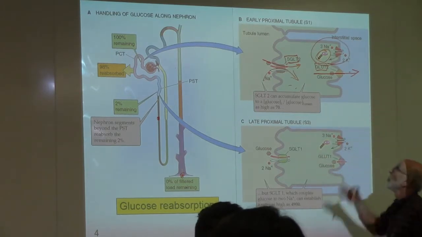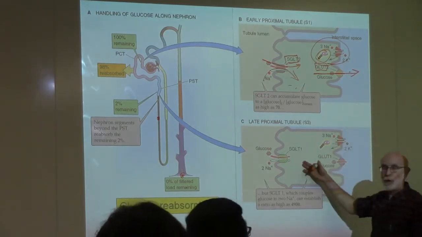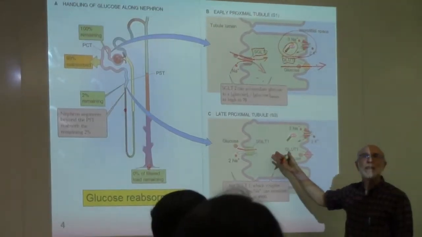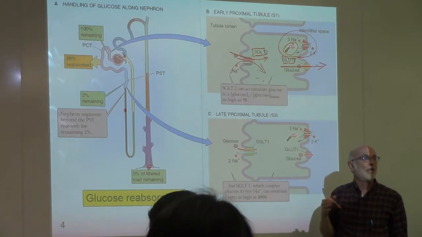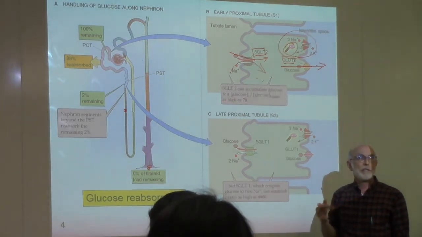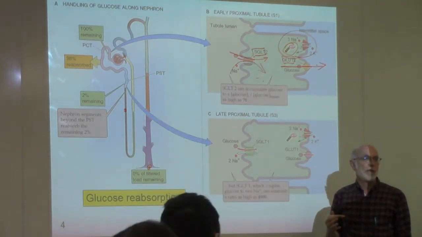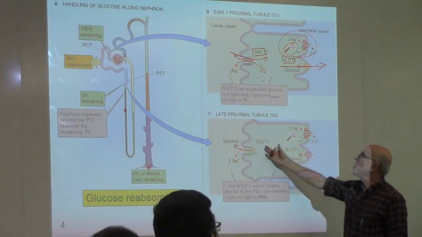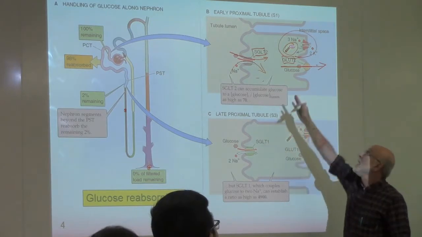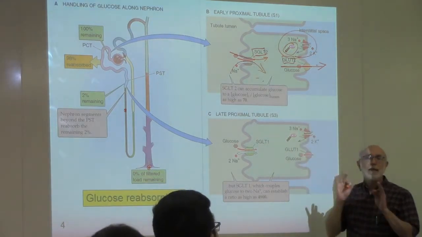In the early proximal tubule, the story is the same as in the late proximal tubule. It's just that the mechanisms are a little bit more adapted for picking up those last few molecules of glucose so that we can get 100% reabsorption. That's the key. This book went into detail about why SGLT1 is expressed late and SGLT2 is expressed early. It's just not a big deal.